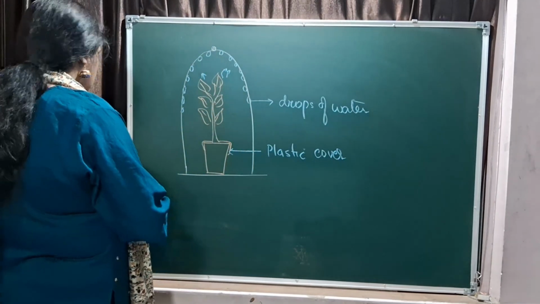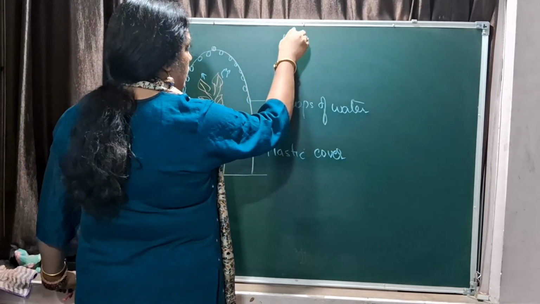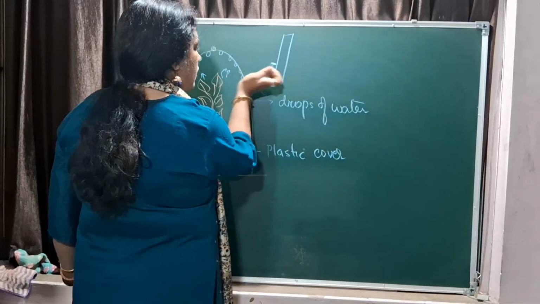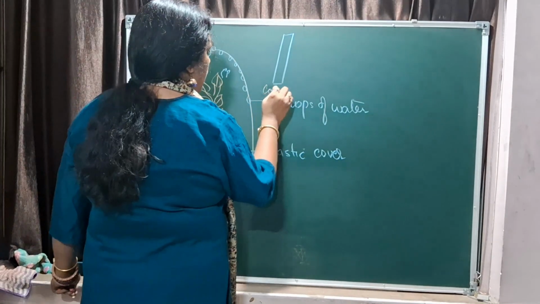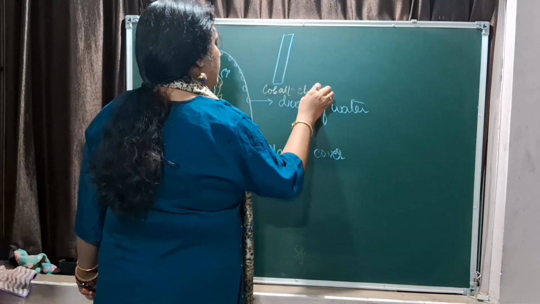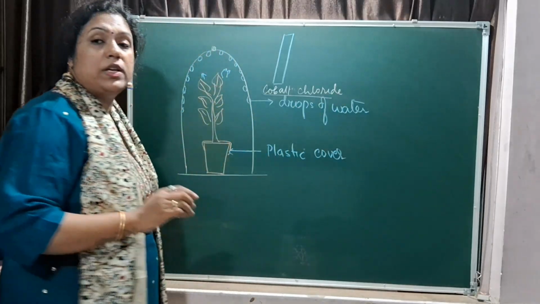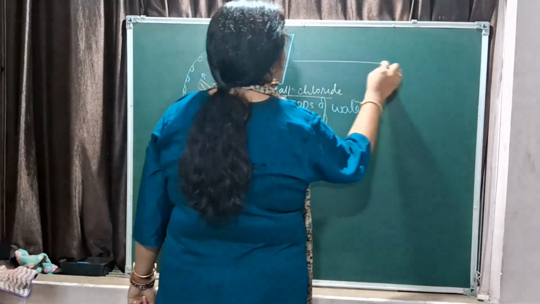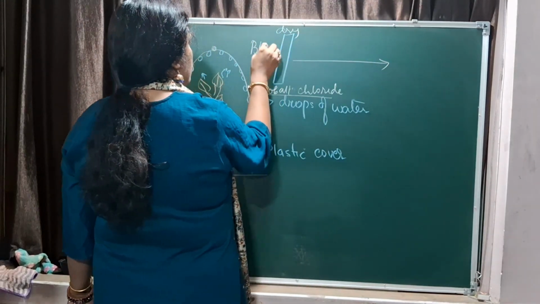There is a paper called the cobalt chloride paper. This is required to detect whether transpiration has happened or not. When the cobalt chloride paper is dry, the color is blue.